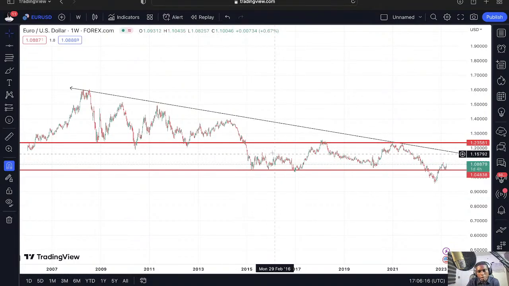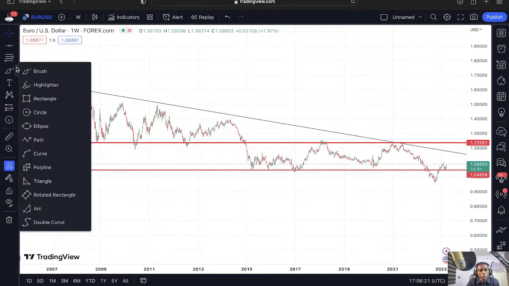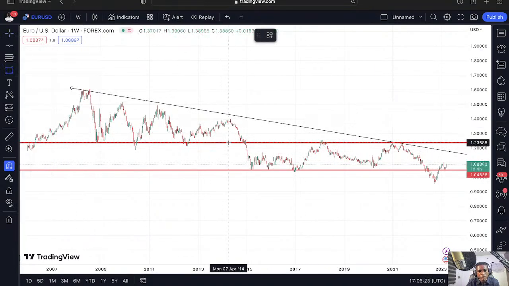What we can see is a consolidation, price consolidating in the midst of this triangle.